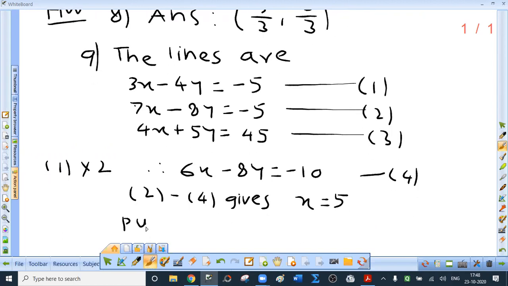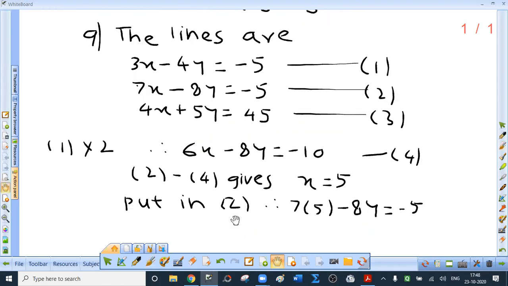Put in 2 rather, not 4. Therefore 7 into 5 minus 8y equal to minus 5. So what is 8y? 8y is 40.